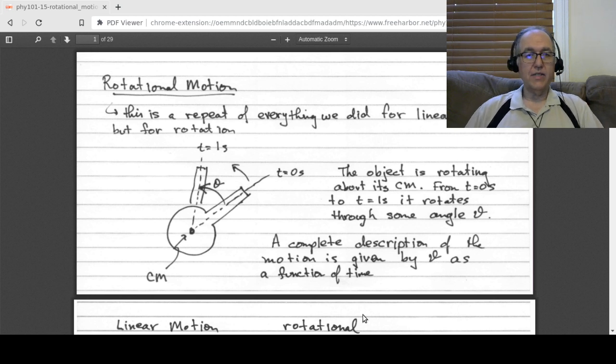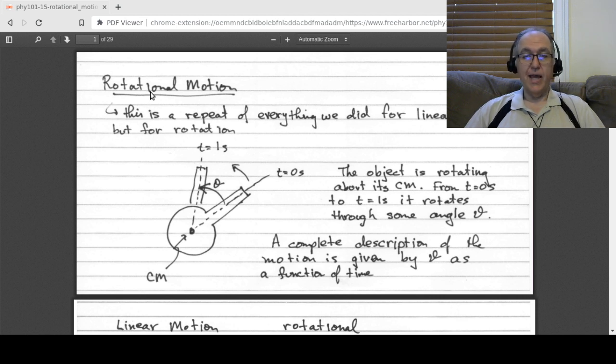It's called rotational motion, and there's rotational kinematics, rotational dynamics, and also rotational energy and rotational momentum, although we call it angular momentum. We're basically going to redo everything that we did in the course up till now, but for rotational motion.